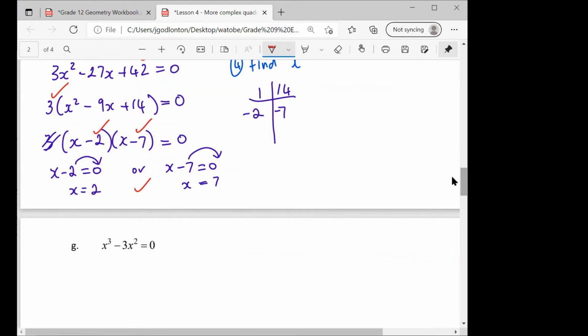So the first goal is to make sure everything's on one side and equal to 0, which it is. So that's done. Next, we want to see, is there a highest common factor? After that, we're going to see if we can factorize any further. If we can't, we just look for our answers for x. So I want everyone to give this question a go, even though it's an x cubed.